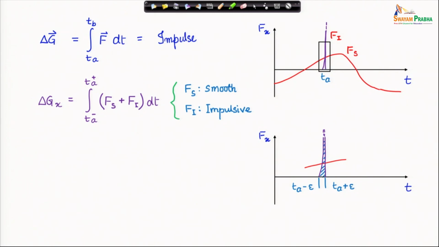Suppose it acts at T A. Then I can imagine that this impulsive force exists during the time interval T A minus epsilon to T A plus epsilon. Epsilon is a very small quantity. Of course, the limit does not mean it goes to 0, but it tends to 0.